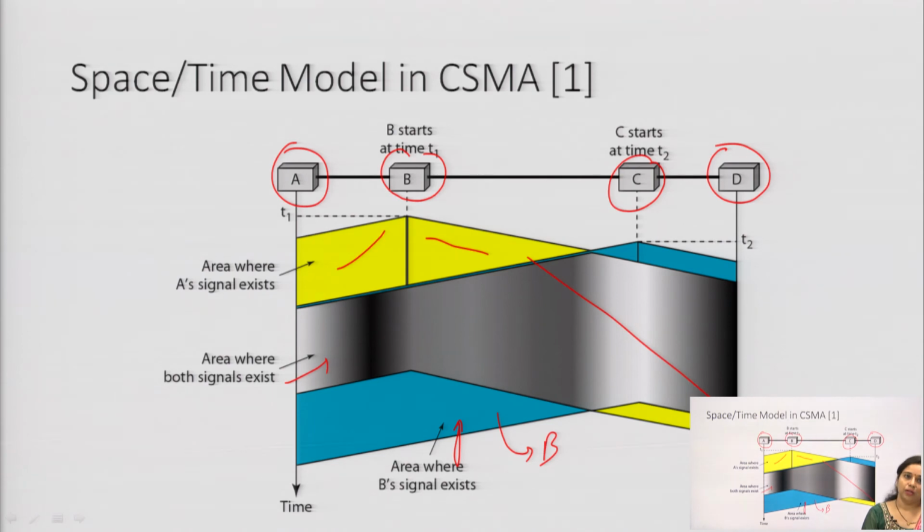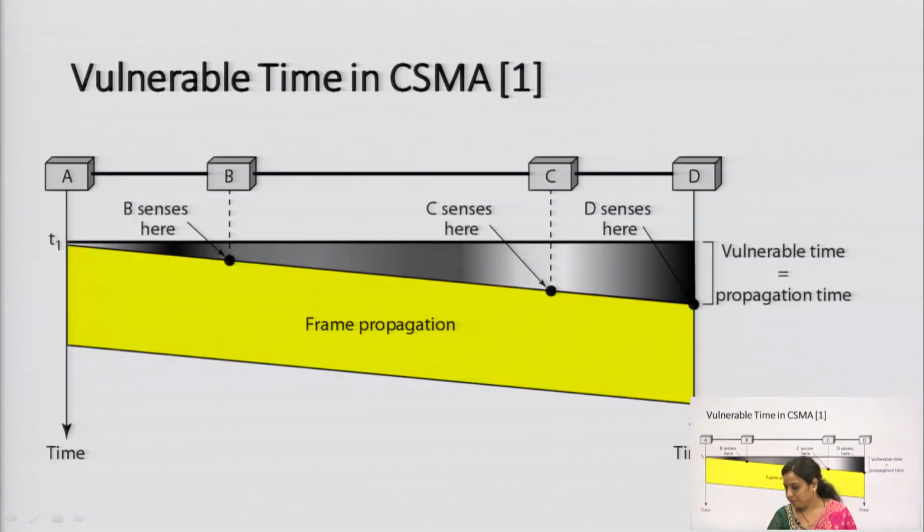Carrier sense multiple access means the carrier or the data which is transmitted by each of the stations, either station A, station B, or station C. Whichever station wants to transmit the data will transmit it, but there is a specific space and time model.